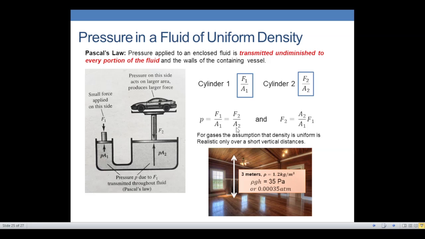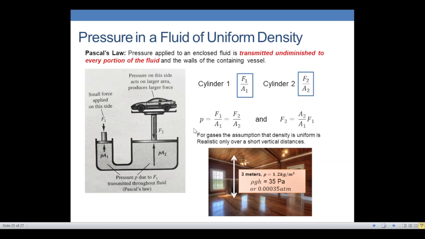Okay. So if we're going to look at the magnitude of the second force, we can simply rewrite the expression. So we can have the second force, F sub 2 equals A sub 2 over A sub 1 times the first force. Okay? So take note of that. So that is Pascal's law.